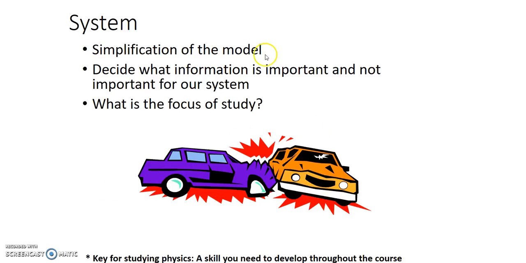When we say our system, it usually involves more than one object, so you can see there's two here, and we once again simplify the situation. So in all cases, when you start off with a problem, always oversimplify it before you make it more complex. It's a really good tactic for tackling those harder problems.